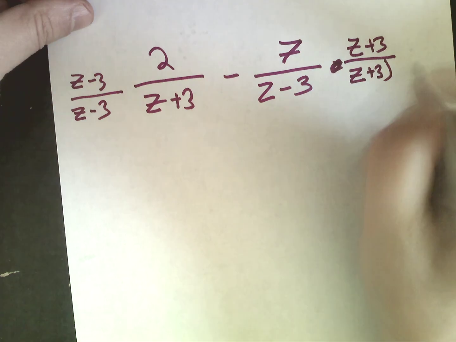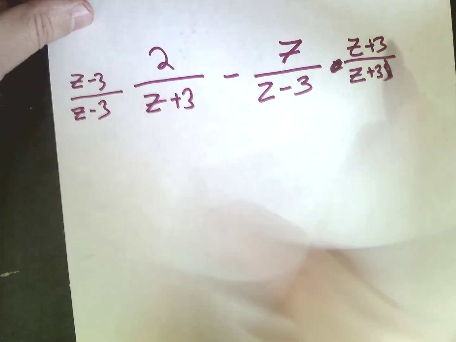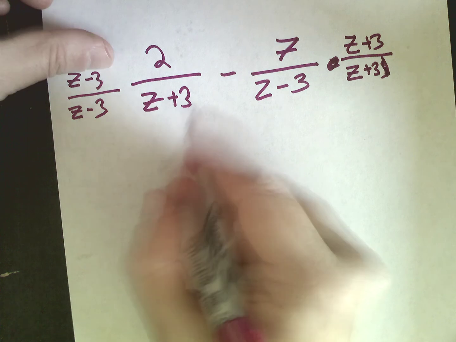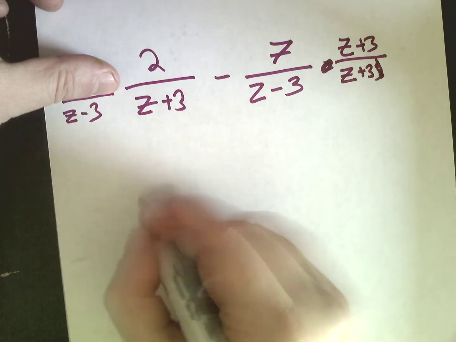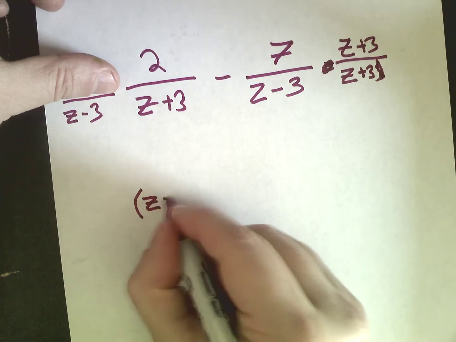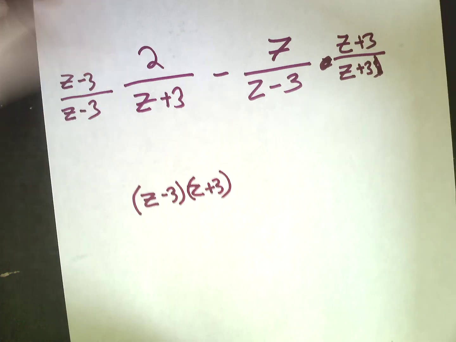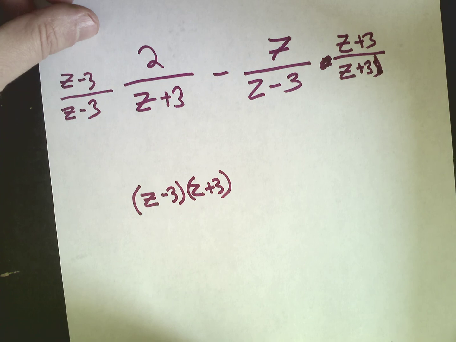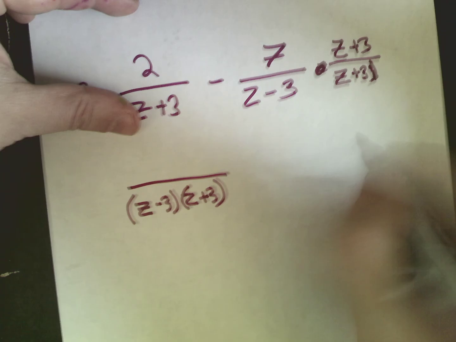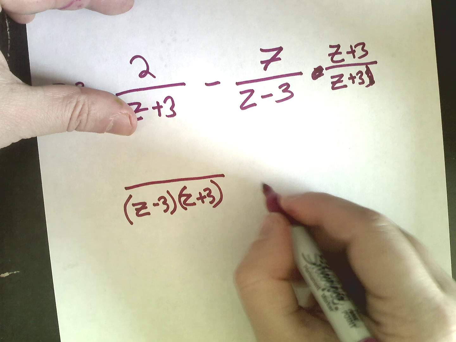Now watch very carefully what happens here. z minus 3, z plus 3, I'm just going to leave it on the bottom. And on this one, z minus 3 times z plus 3.